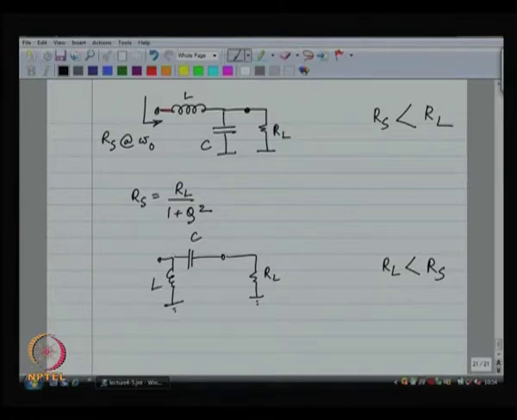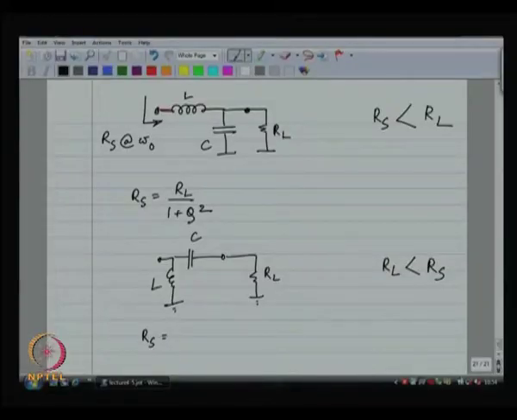So, here the series combination of C and R has to be transformed to a parallel combination of C and R, and then the transformed capacitance should resonate with the inductor value to get infinitely large impedance, an open circuit. The remaining resistance will be R L times 1 plus q squared. So, R S has to be equal to R L times 1 plus q squared, which means that R S has got to be more than R L for this to work.